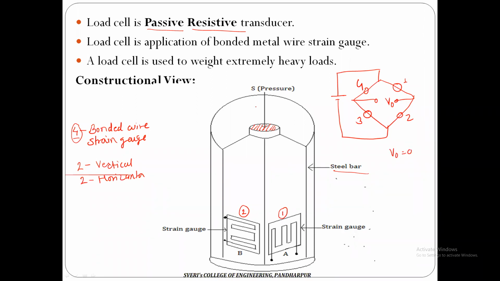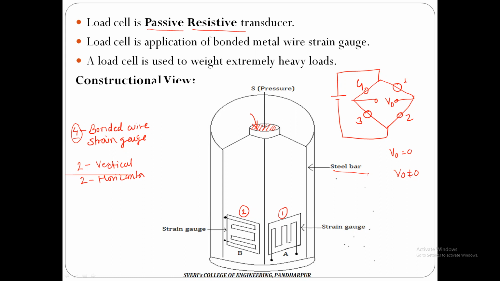Now when the force is applied on the diaphragm, the force will be experienced by the steel bar, and the same force will be experienced by these 4 bonded wire strain gauges, and accordingly their resistance is going to change. It means the output voltage is no longer 0; a certain value of voltage is developed.